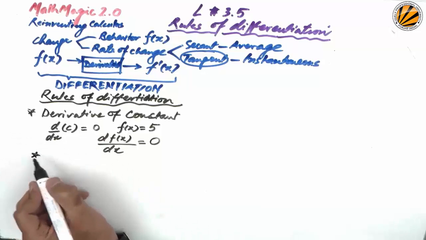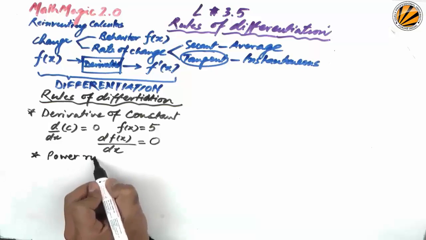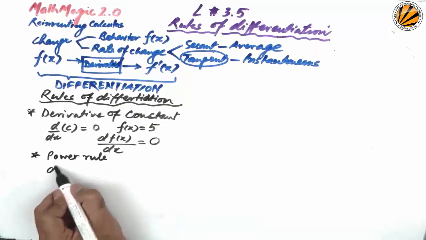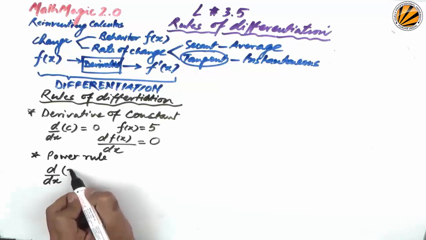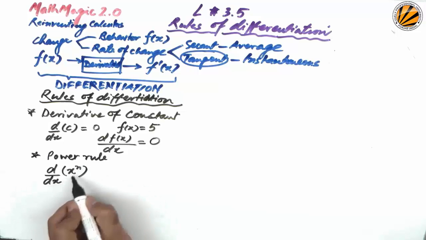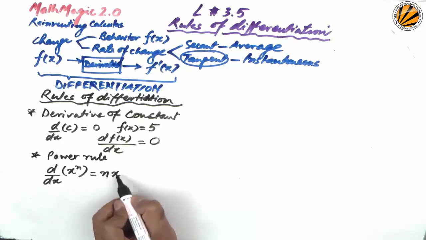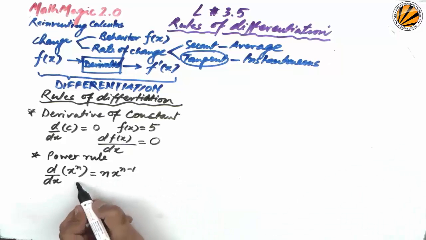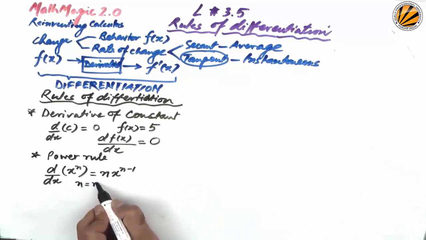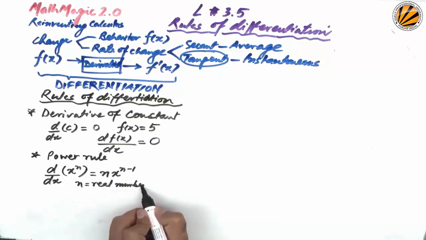The second rule is known as the power rule. This power rule states that the derivative of x to the power n with respect to x would always be n x to the power n minus 1. Herein n is treated as a real number. Let us look at an example.